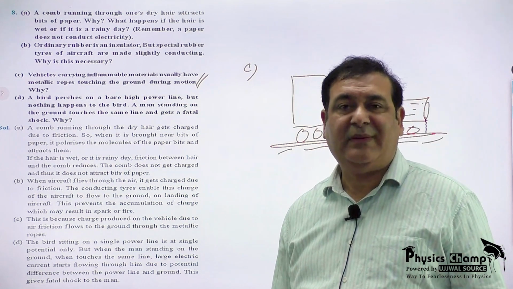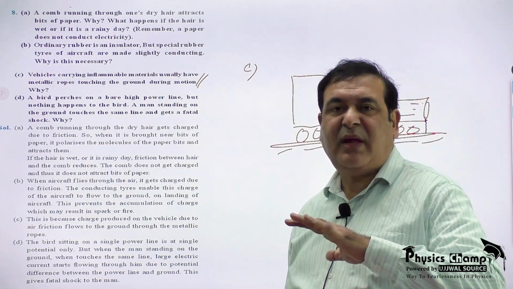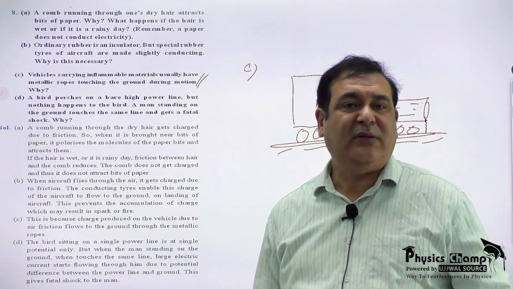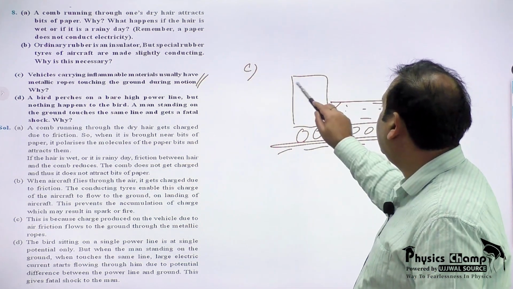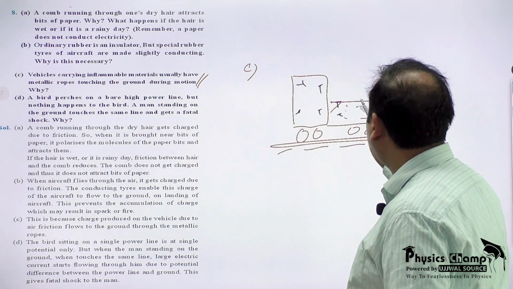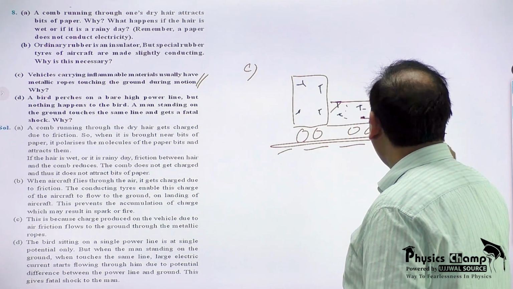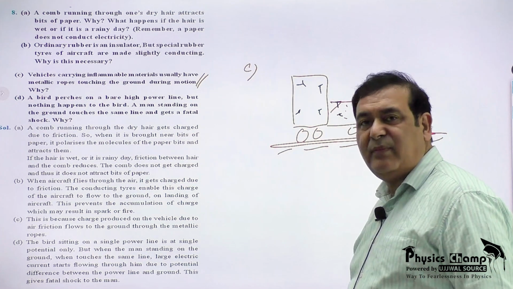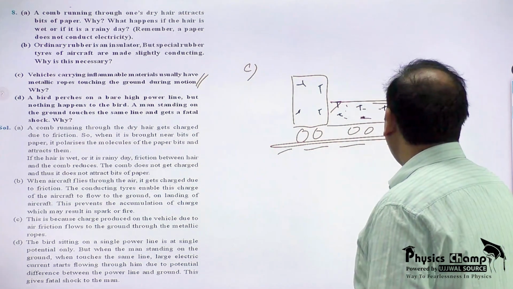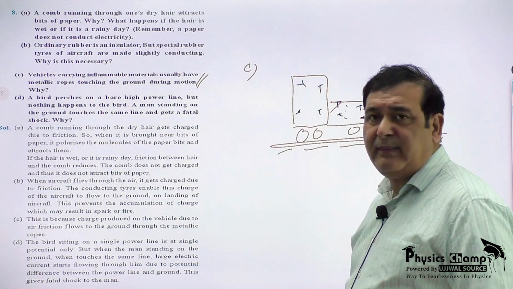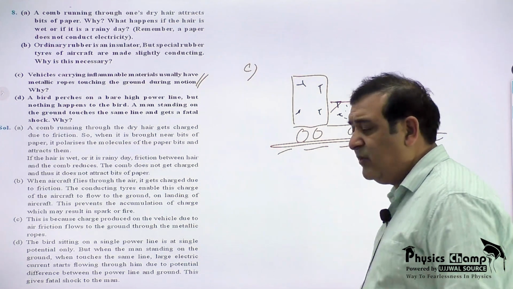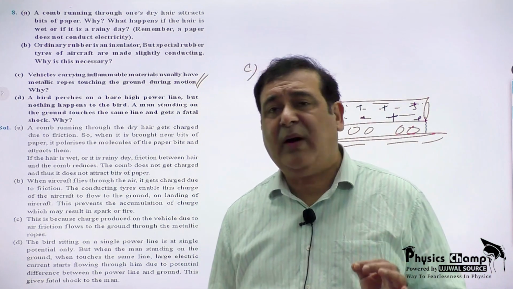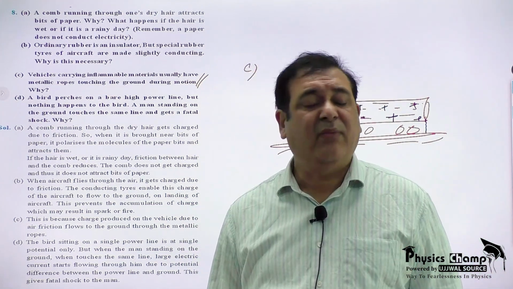The answer is simple. The truck which is carrying that inflammable material has to move through large distances, and because it is also a metallic container, there is a possibility of charge being developed due to various kinds of friction. If this charge keeps accumulating and suddenly there is a touch with the ground, there will be a huge flow of charge producing a spark, and that may start a fire.